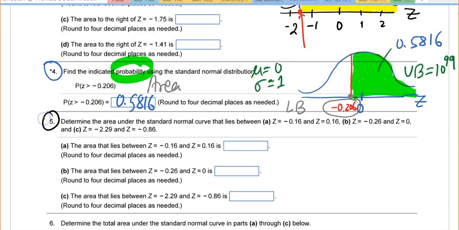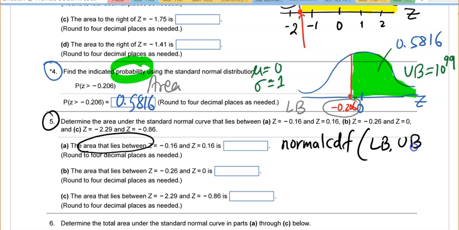Question number 5. I'm not going to finish it, but I'll give a hint. Let's do A and B, C is similar. Find the area between z equals negative 0.16 and z equals positive 0.16. That means you're looking for area. Using normal CDF, the function needs lower bound, comma, upper bound in order, comma, mean, comma, standard deviation.